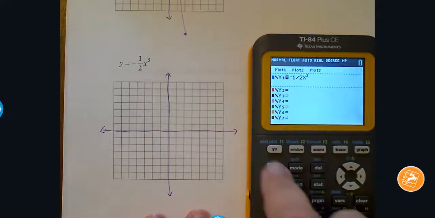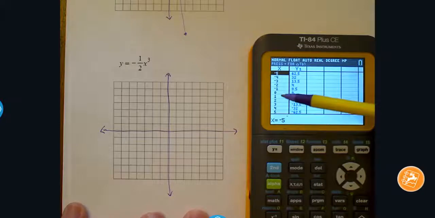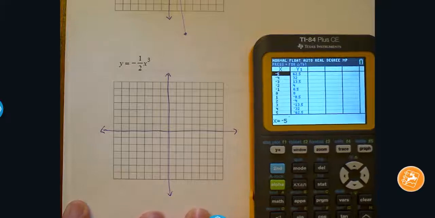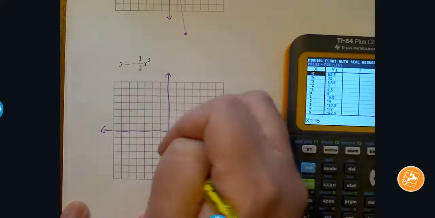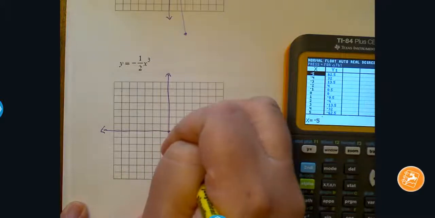We're going to hit second graph to get our table of values, and we want the x value being 0. We want 2 positive and 2 negative x values. So we have that in our table. So that would be the point 0, 0. Then 1, negative 0.5.